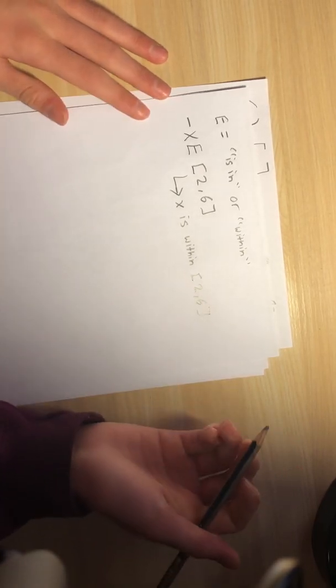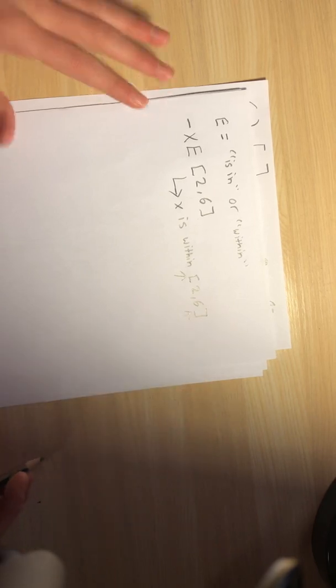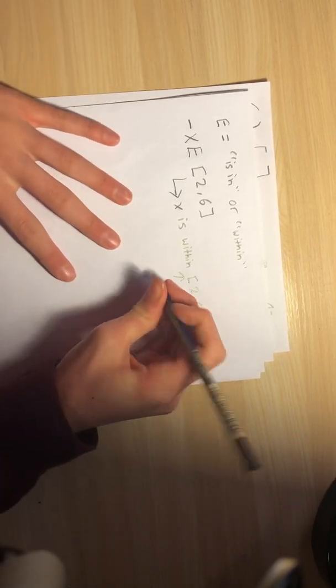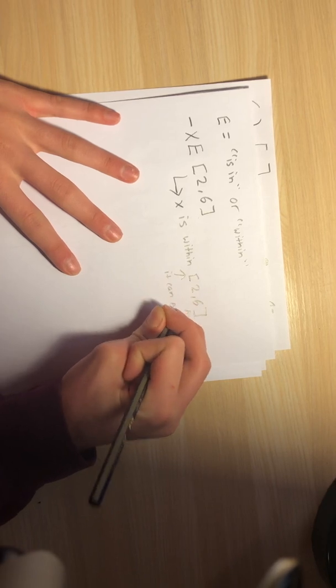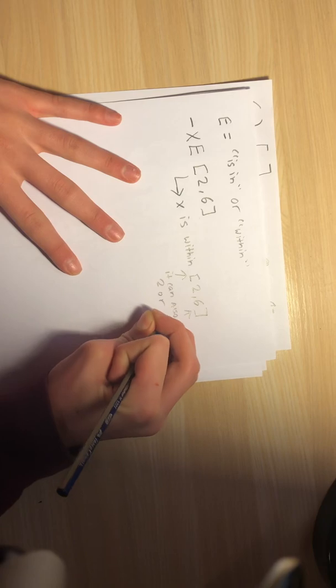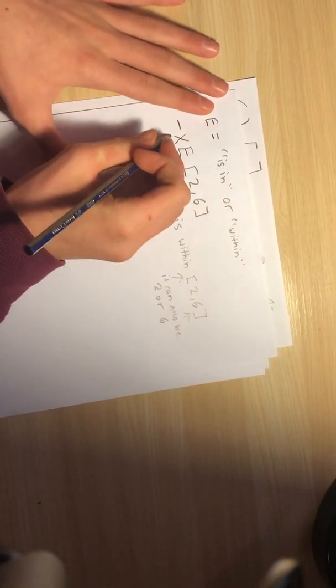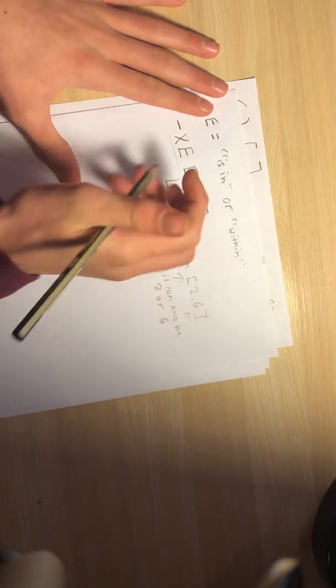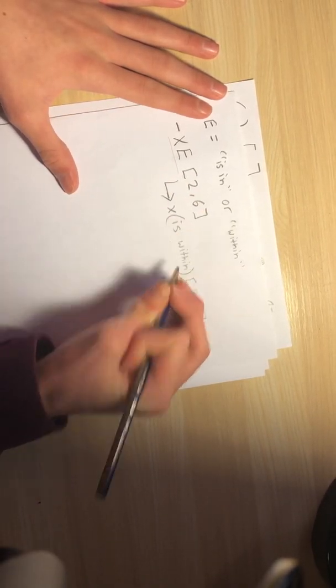Doesn't that make more sense? And since they are brackets, like we just learned, it can be 2 or 6. This x ∈ would have made no sense to you before, but now you see it just means x is within.